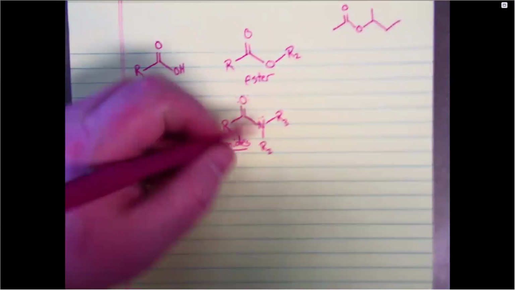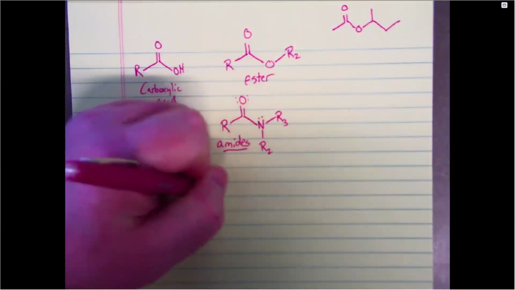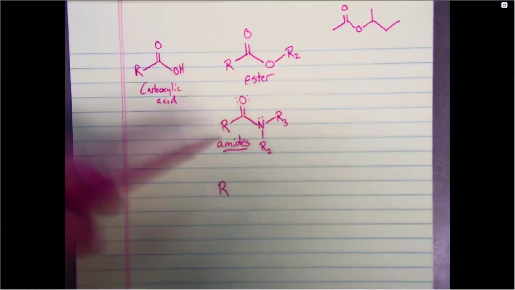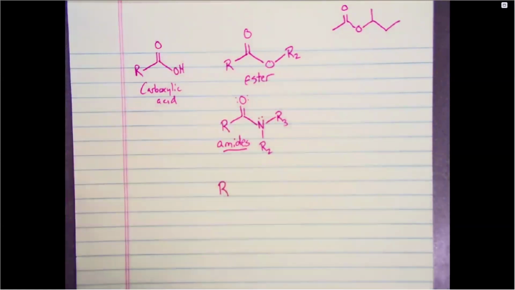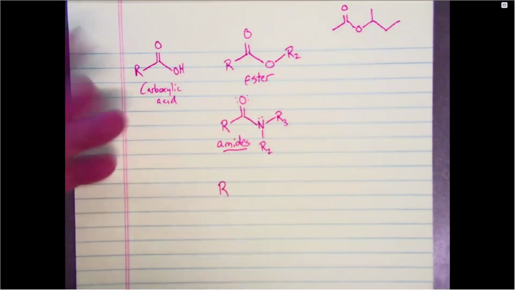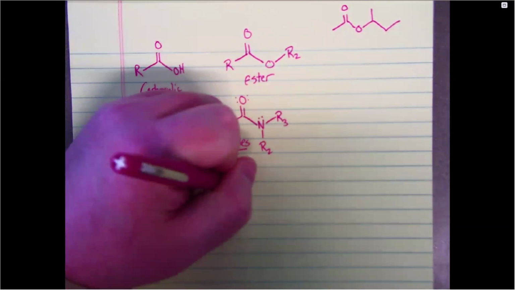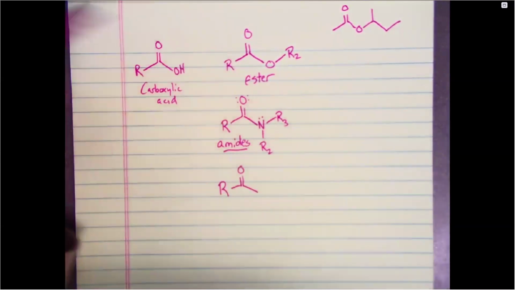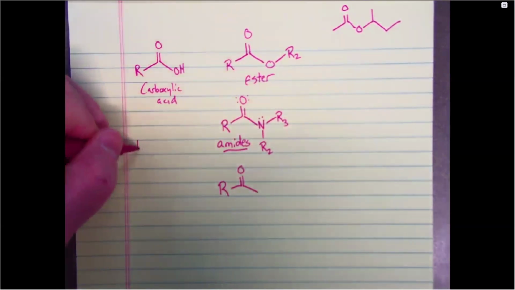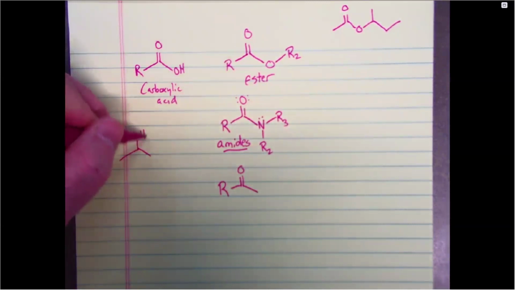Based on how many carbons are bound to the nitrogen of the amide, that's how we tell what kind of amide it is. It's the same way we talked about how many carbons are bound to the carbon that contains an OH group.